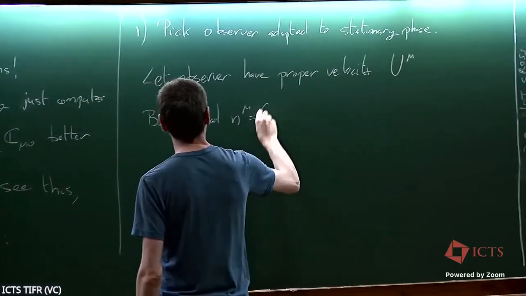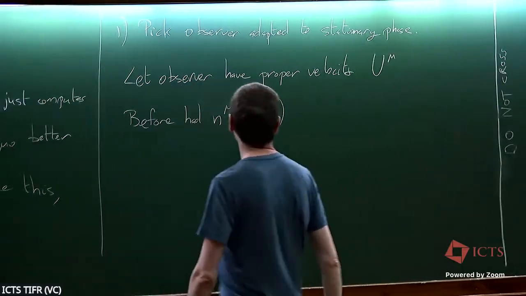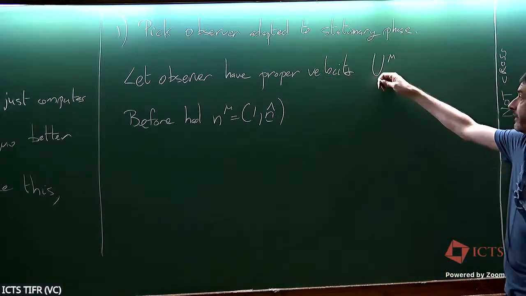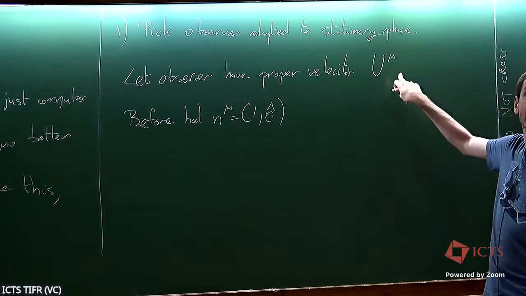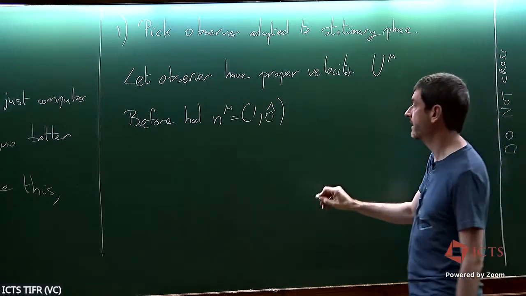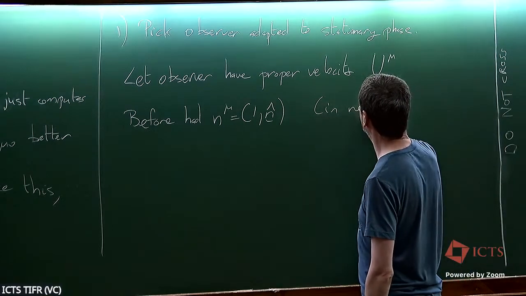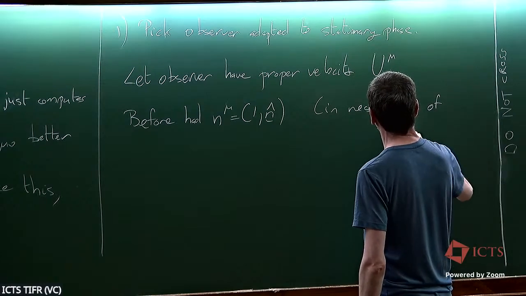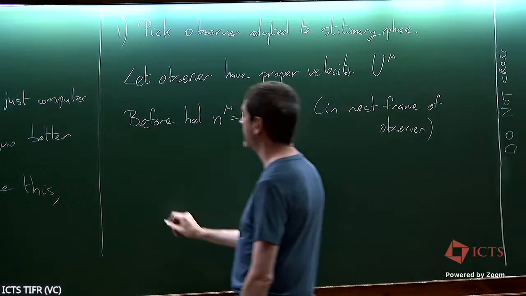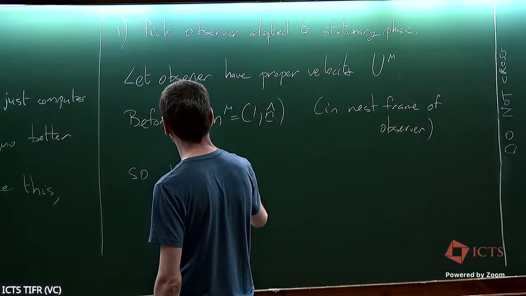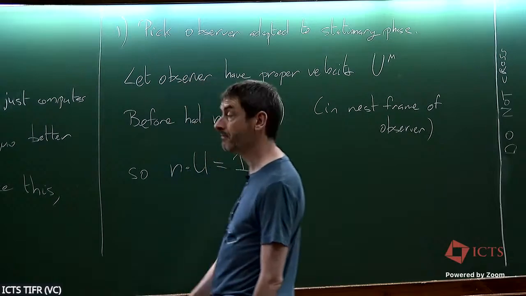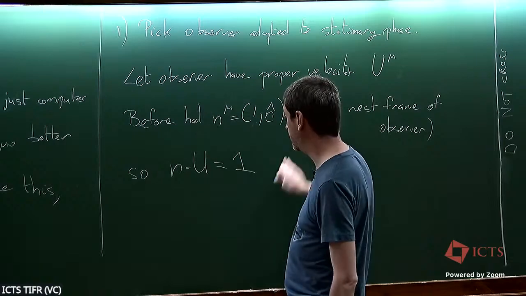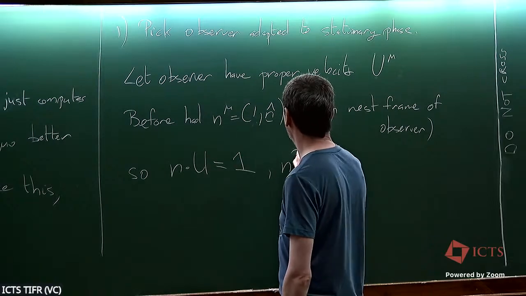So n mu is 1 comma n hat. This was set up in the rest frame of the observer, which is the expression for n. So n dot u is 1. The u in this frame would be 1 and zeros. And obviously, n squared is equal to 0.